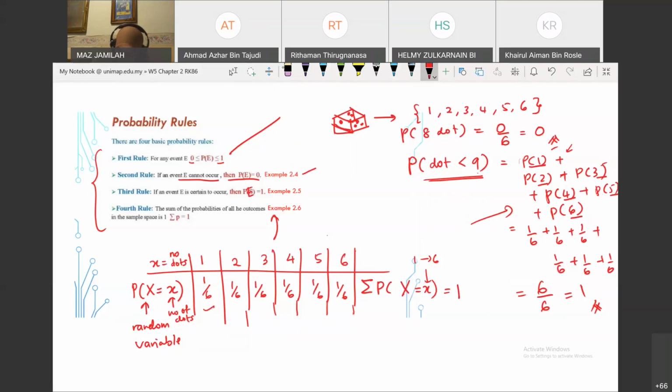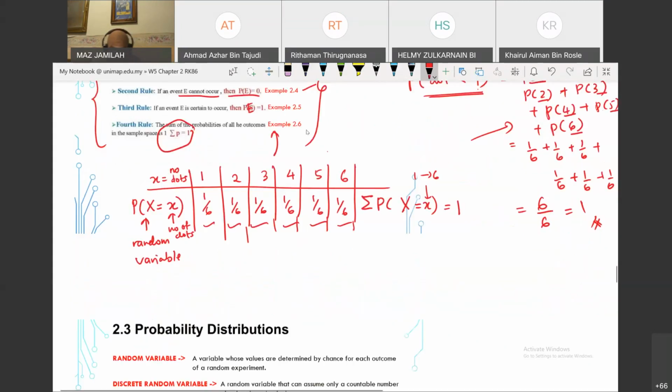You sum all these, you will get 1. So these are the 4 rules that you should know, because during the exam or quiz, we may ask you concept questions which reflect your understanding of this particular rule. You should start thinking of these rules, even though they seem to be very easy. But if you don't understand how to apply them to different situations or different experiments, it will be hard for you to relate to these rules.